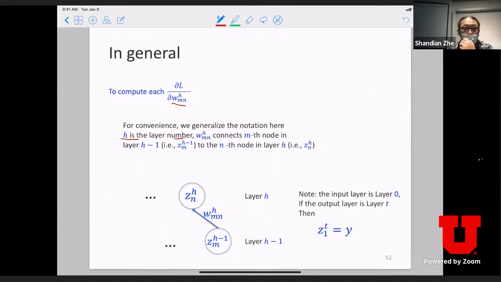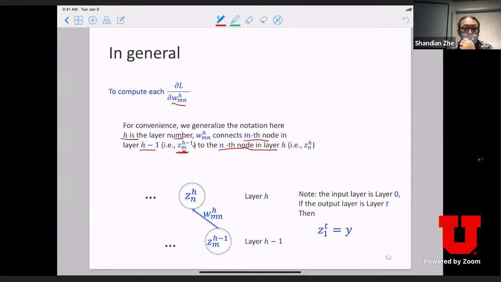The WMNH is on the edge which connects the mth node in layer H minus 1 and the nth node in layer H. The mth node in layer H minus 1 is denoted by Z_m^(H-1). The superscript indexes the layer, and the subscript indexes the node.